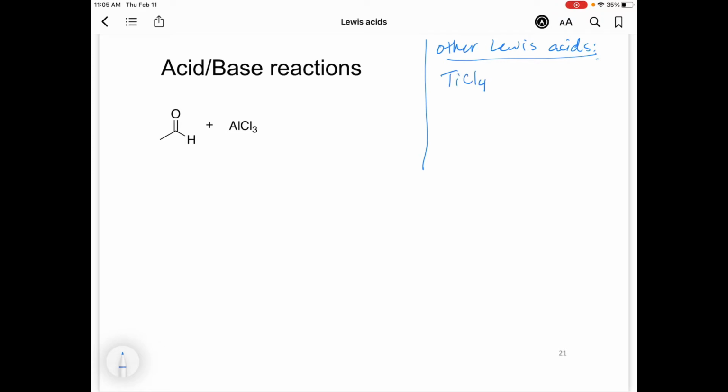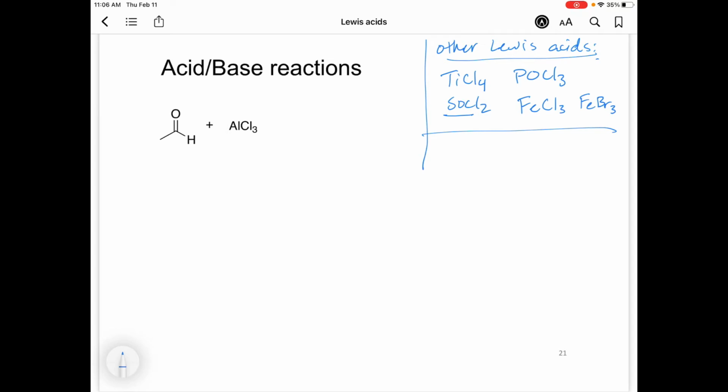Titanium tetrachloride, PCl3, SOCl2, thionyl chloride. This thing, oh my goodness, it smells and it will burn your nostrils. Iron trichloride, iron tribromide. These are ones that you'll definitely use in Chem 345. So these are some other Lewis acids to just be aware of.